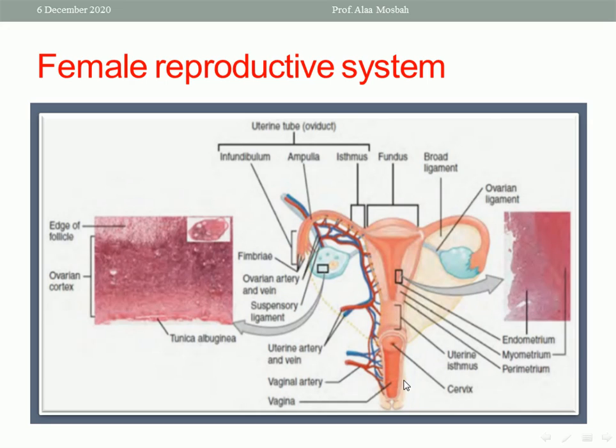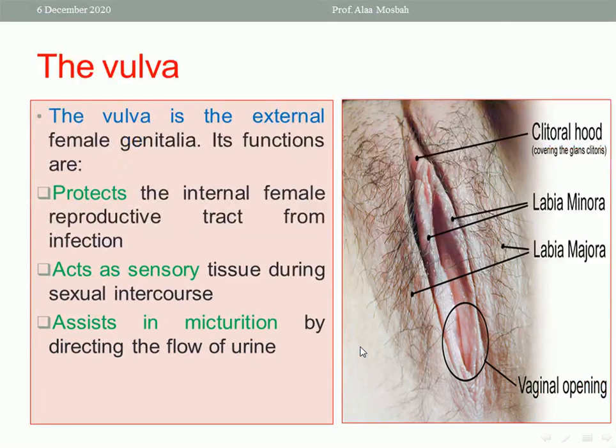So this is the female reproductive system, and we will start first with the vulva. As you see in this picture, this is the vulva, which is considered the external female genitalia.